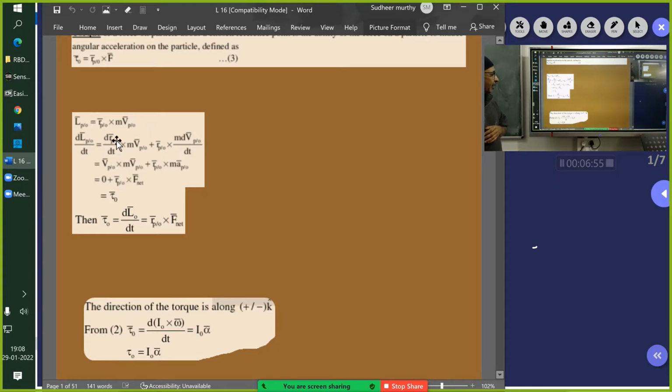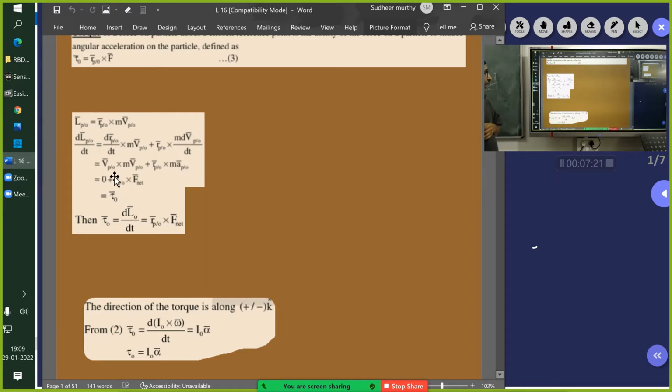So we get dr bar by dt equal to v bar P with respect to O cross m v bar, plus R P with respect to O cross m d by dt of v bar, which gives you the acceleration of P with respect to O.